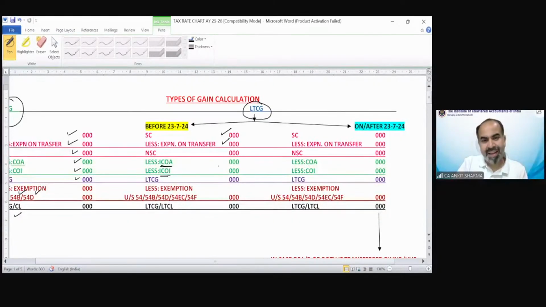So now the indexed cost of acquisition, indexed cost of improvement, then we would have our long-term capital gain. And we can claim 54, 54B, D, EC and F if we satisfy all those conditions. Then we would have our long-term capital gain or long-term capital loss.